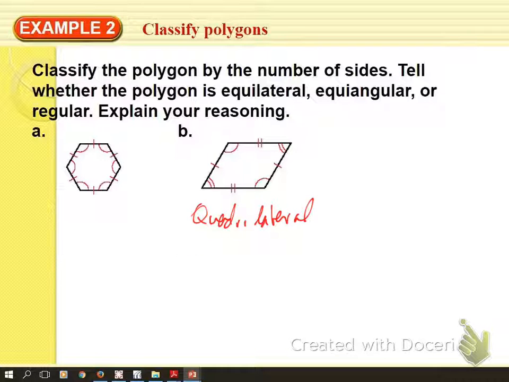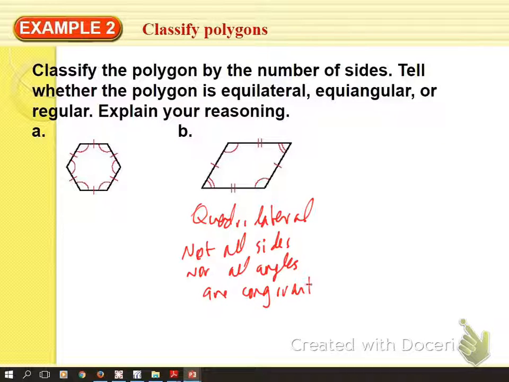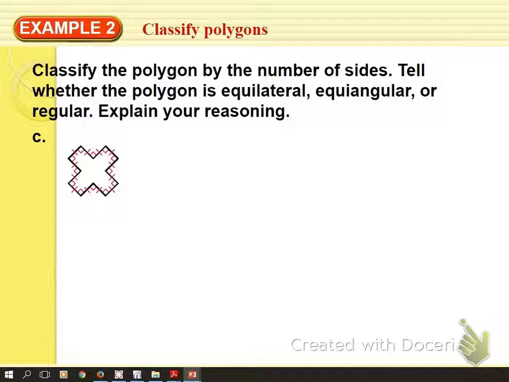And we just want to say something like not all sides are congruent. Not all sides, nor all angles are congruent. Okay? How about here?